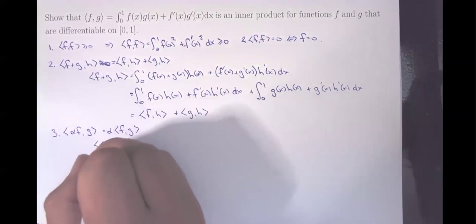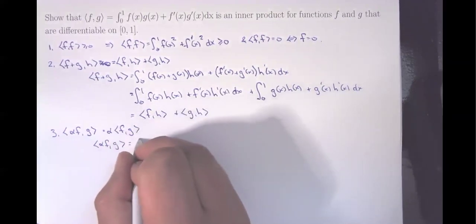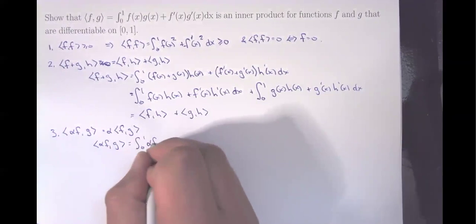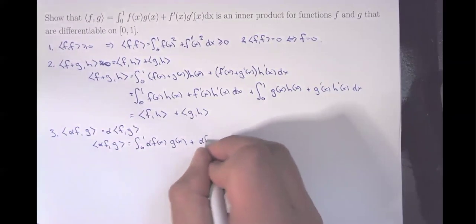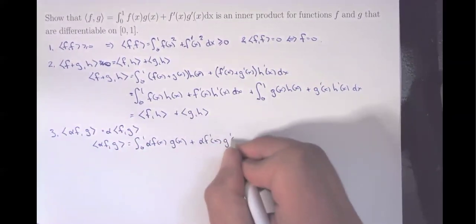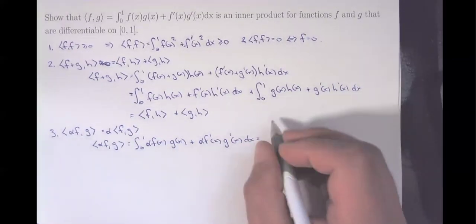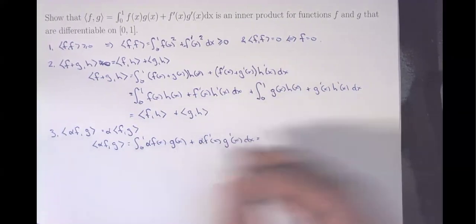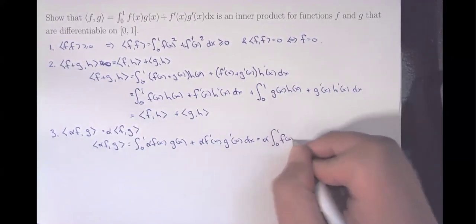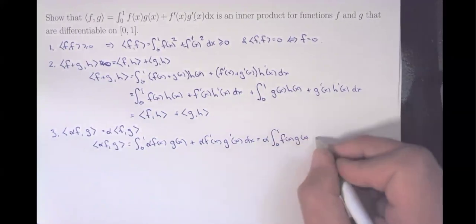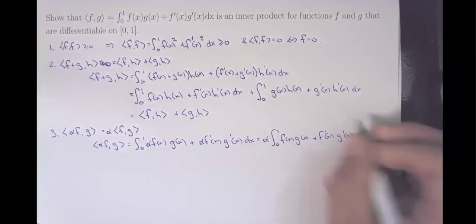Well, the inner product of alpha f with g is equal to the integral from 0 to 1 of alpha f of x g of x plus alpha f prime of x g prime of x dx, which we can rewrite, pulling the alpha out from both terms, as alpha times the integral from 0 to 1 of f of x g of x plus f prime of x g prime of x dx.